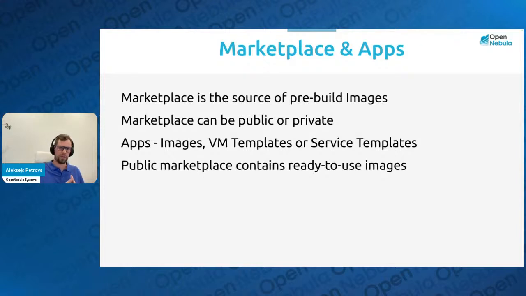We have public marketplaces. You can also host your own private marketplaces using the HTTP or S3 bucket technology. So if you would like to, then feel free to have your own private marketplaces only serving your internal needs. But just in case, there are public marketplaces with maintained images.